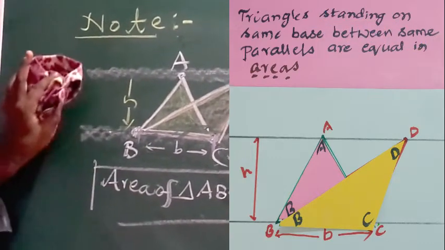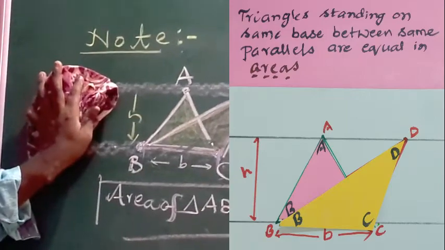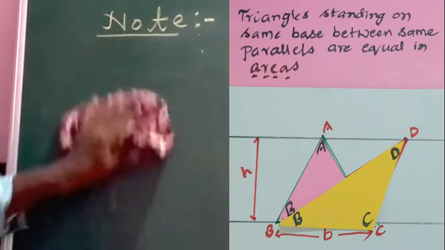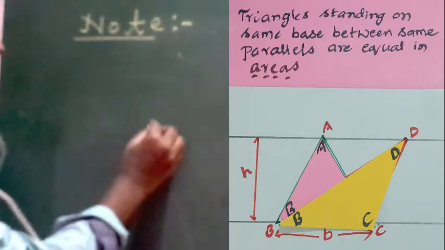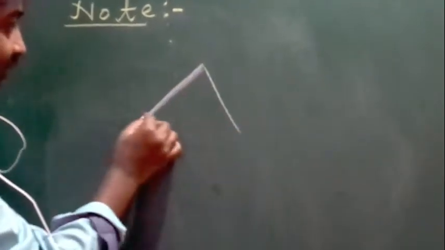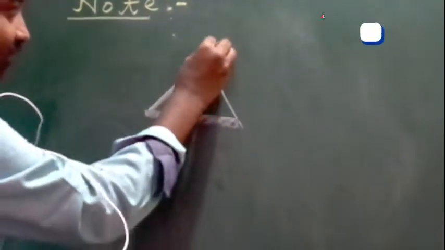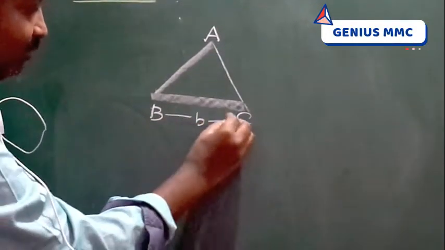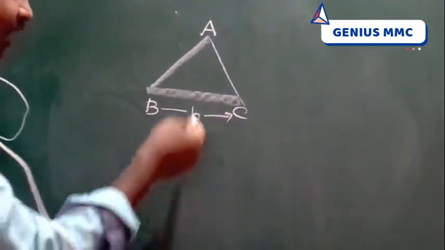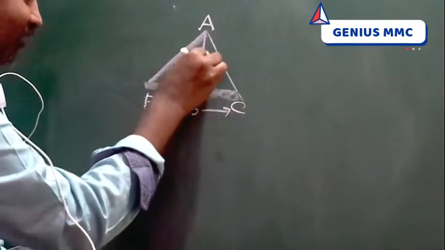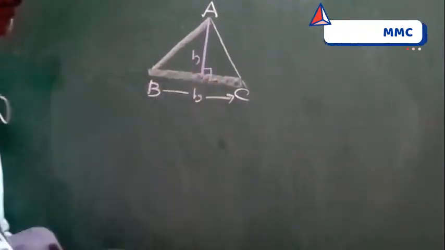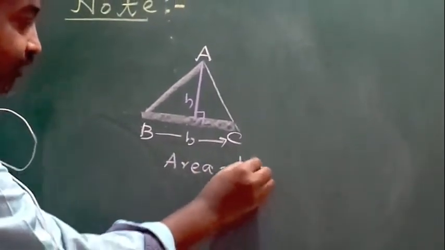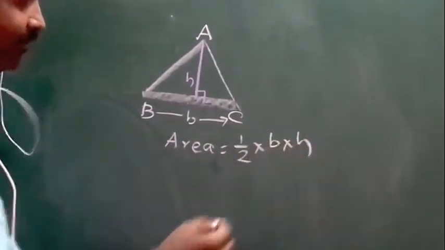I think you have copied this. Next, this is a triangle ABC. If BC is taken as base, the height is from the opposite vertex, that is A. So what is the formula for the area of a triangle? Half into base into height.